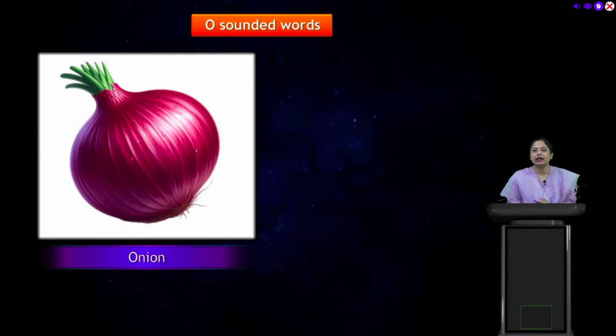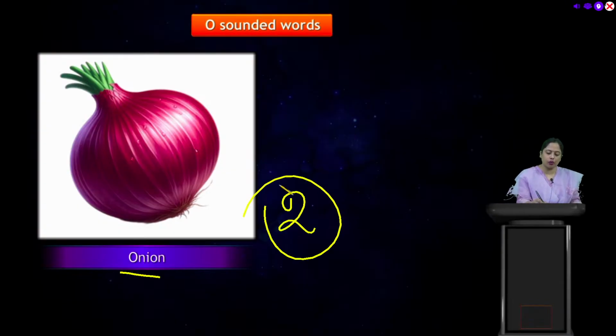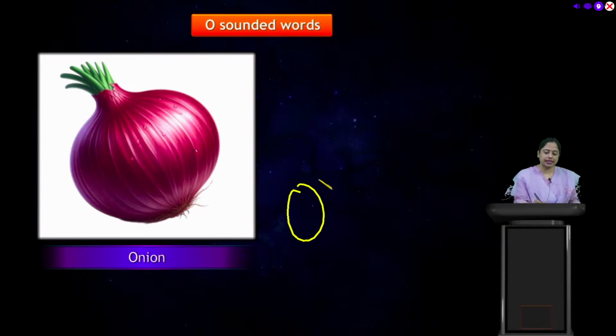So most people would mispronounce this as "ahnion", because how many O's do we have here? We have two O's here. So what is the sound of O? Yes, so most people would mispronounce this word. But do you think that is the right pronunciation?